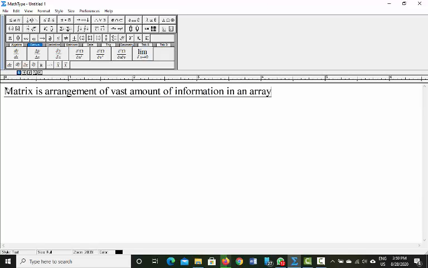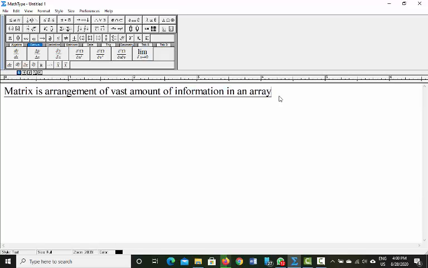Array means like a room or location. Array means storing information in a particular location, in an organized way, so that we can process that information and come up with a solution. So a matrix is very helpful to deal with a vast amount of data or information.